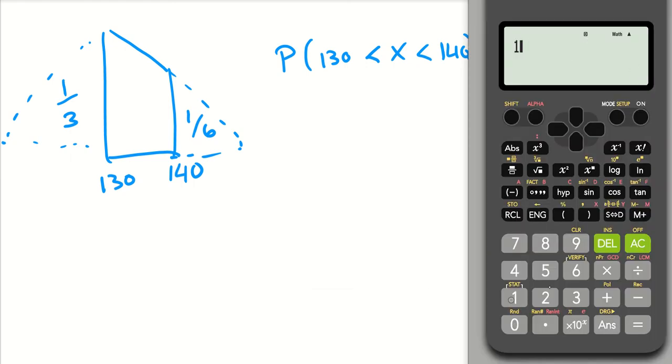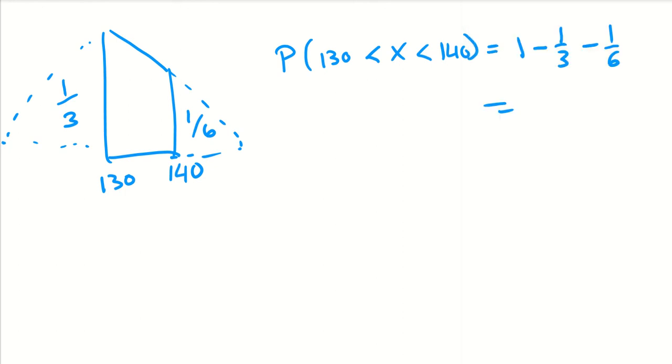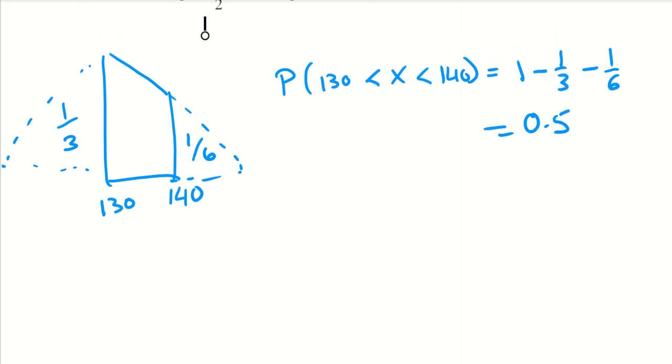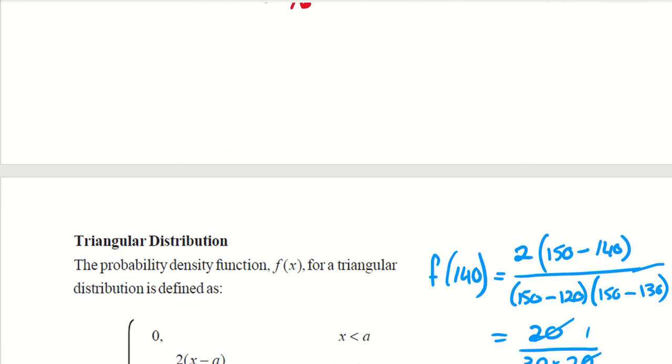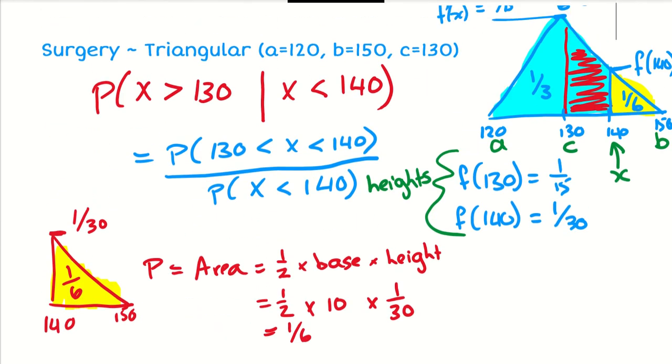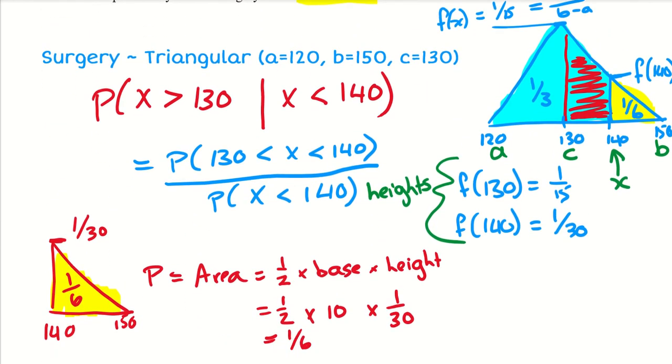And if I go 1 minus a third minus a sixth, that gives me a half. So that tells me this area there is 0.5 or is a fraction of half. So that's how big the area between 130 and 140 is. Okay, so let's jump back up to here. So I know that this area there is 0.5.